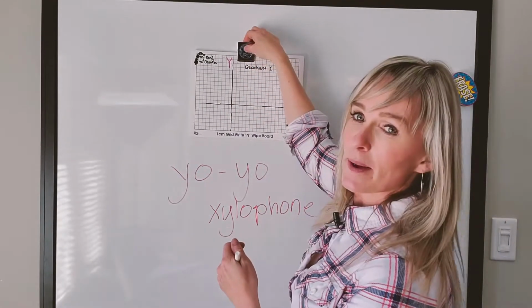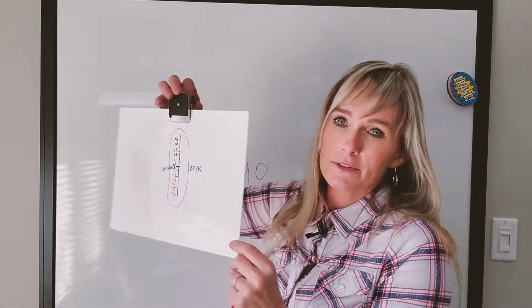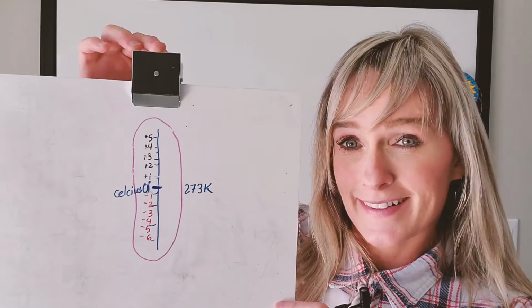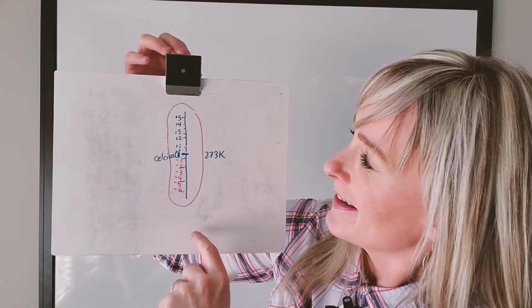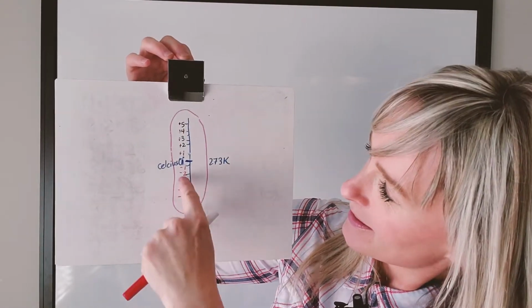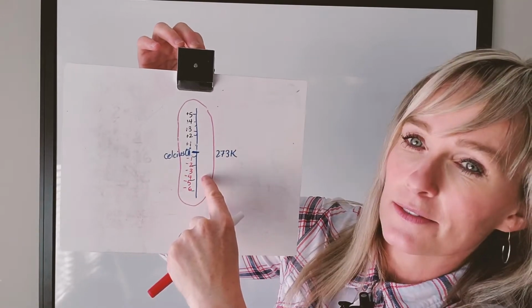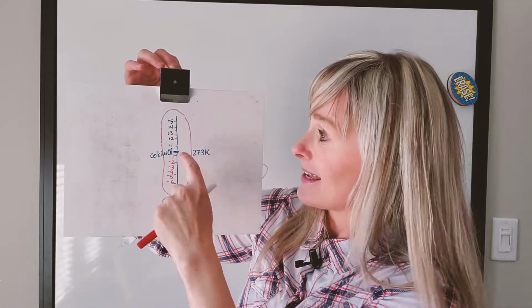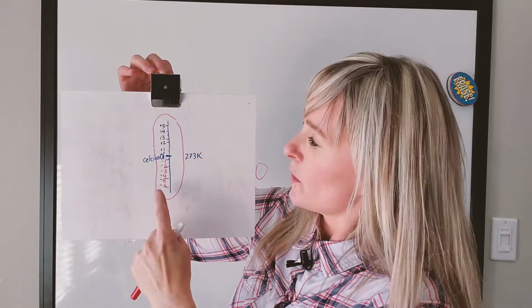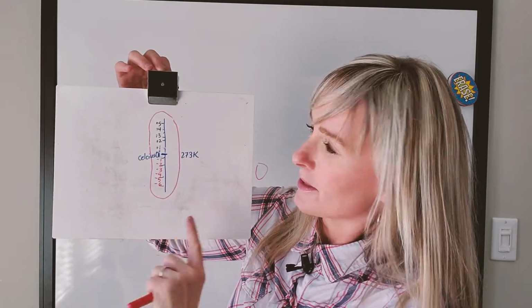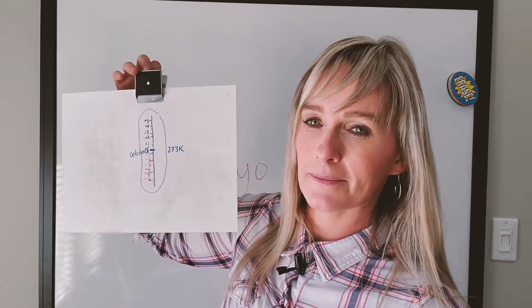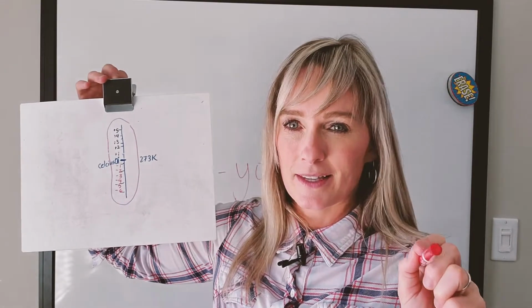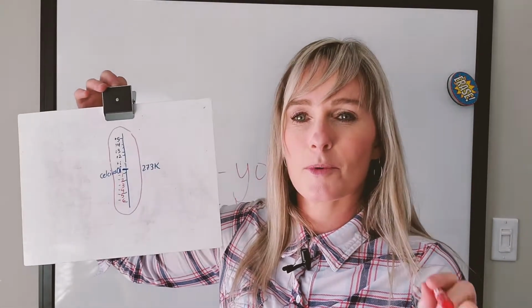Now, if you can remember what a thermometer looks like, and maybe you've never even seen one, here's a great drawing of a thermometer. So this is a Celsius thermometer, and it's going down in degrees, -1, -2, and thankfully today, it's in the plus. So if we can think of a thermometer every time we think of the Cartesian plane, and I bet you picked up on the fact that Cartesian comes from René Descartes.